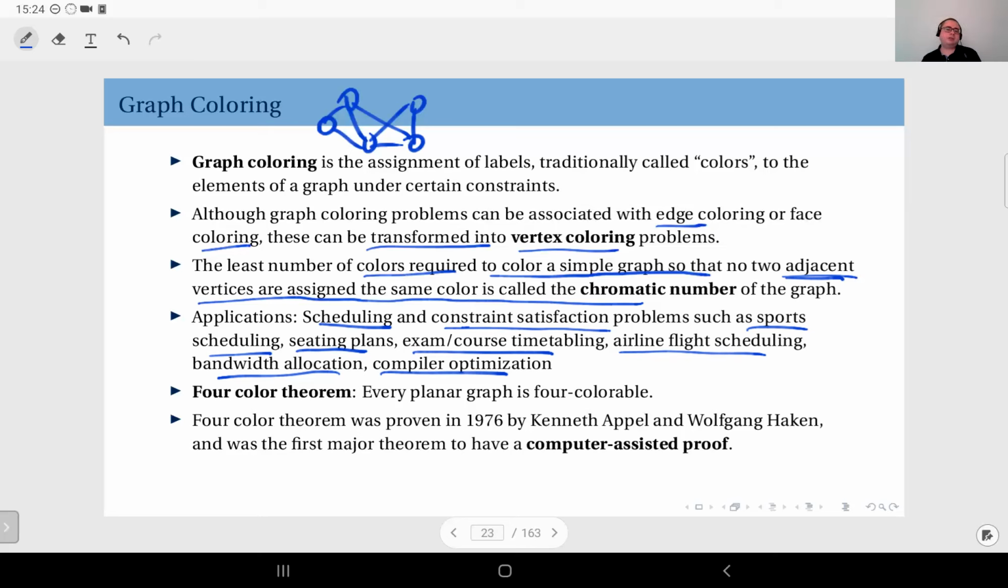So you see, it looks like a very simple problem, but it has many practical applications. So this is a significant problem.